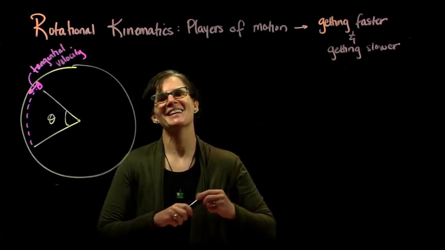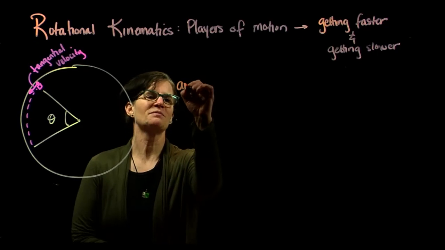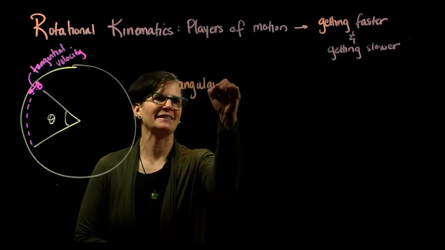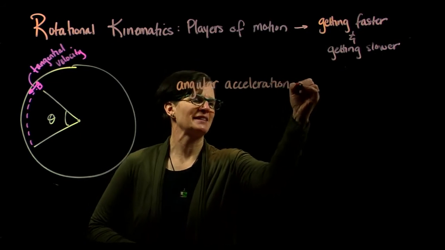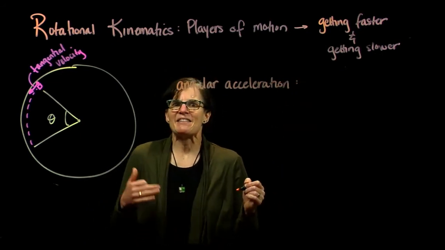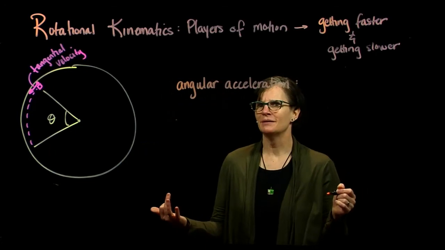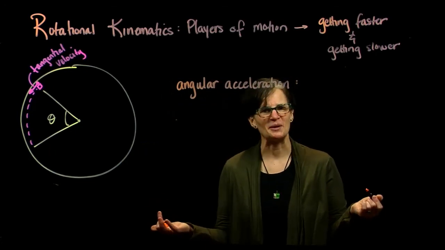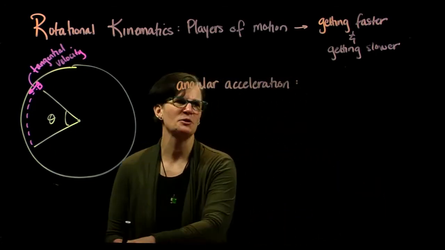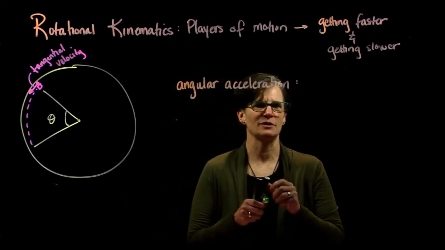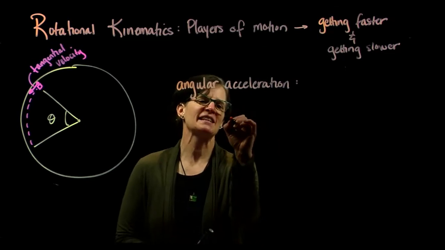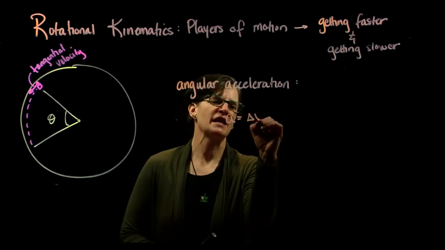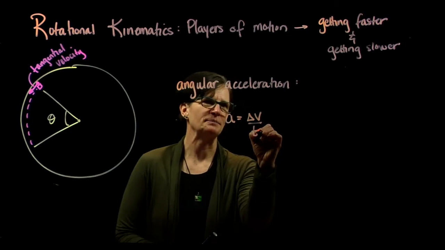And just like in that translational world, we also have an acceleration in the rotational world. And we call that the angular acceleration. And it is very similar to the translational world. Remember, in the linear world, we said the acceleration was equal to our change in velocity per time.